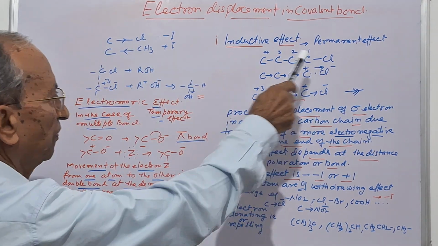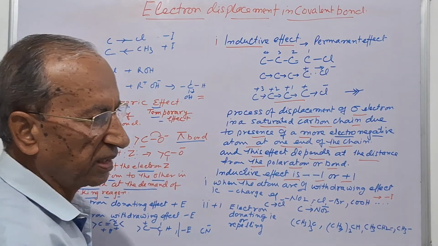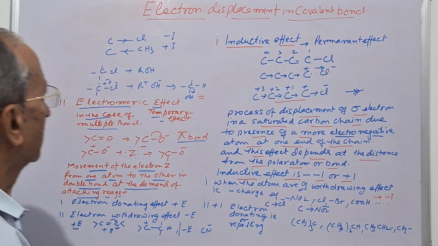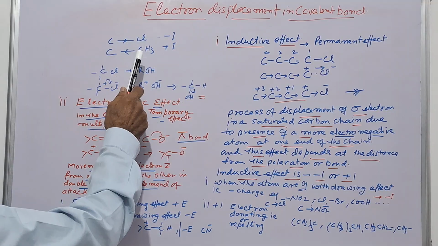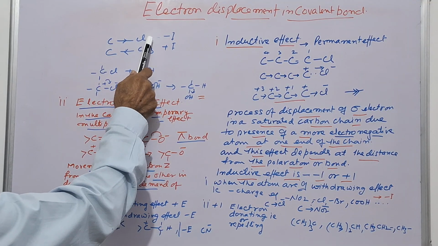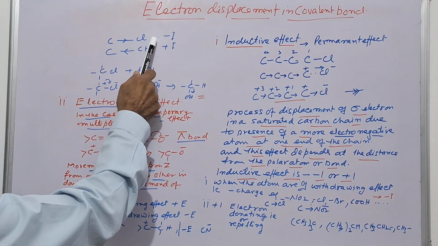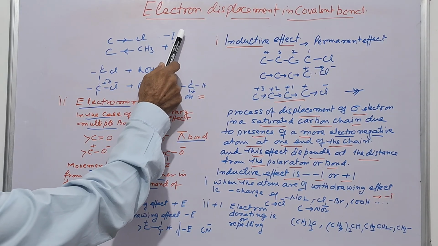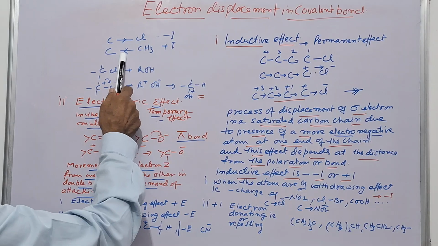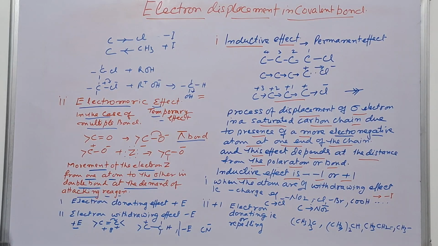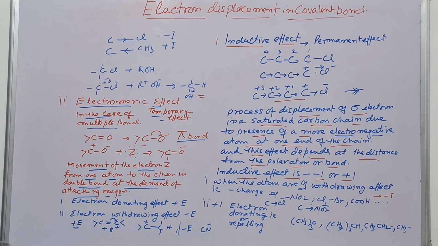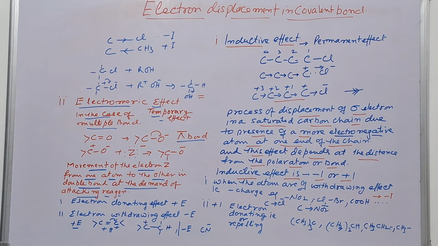So the inductive effect is a permanent effect, in the case of saturated hydrocarbons. Here we see carbon and chlorine, which is more effective, that is minus I, and here the methyl group, which is donating, gives the plus inductive effect. Now this is a very important thing in the case of reactions.